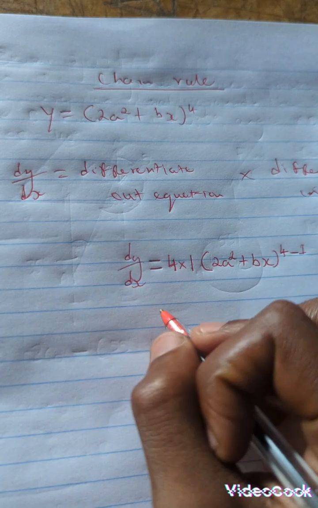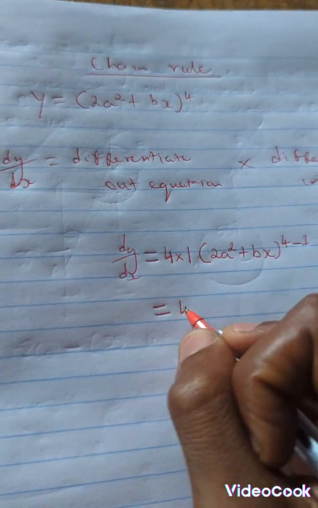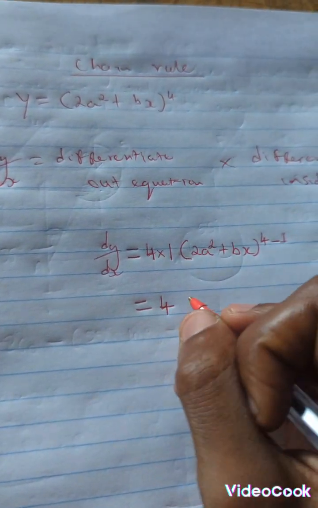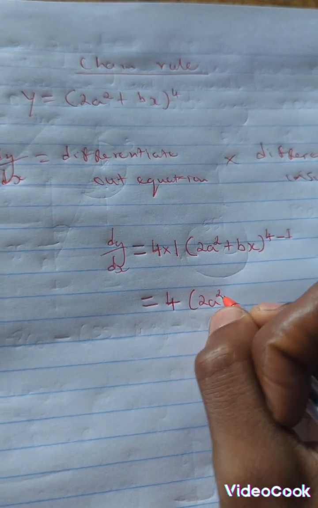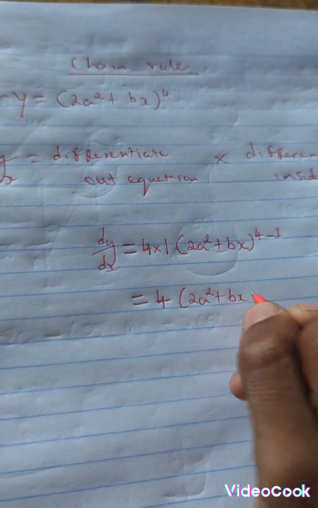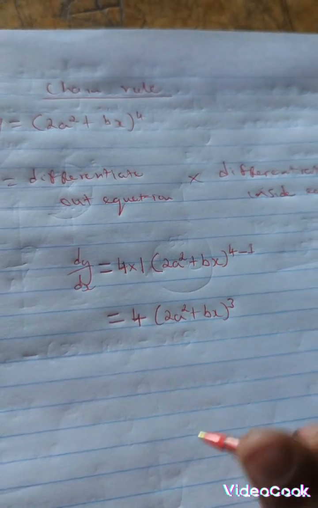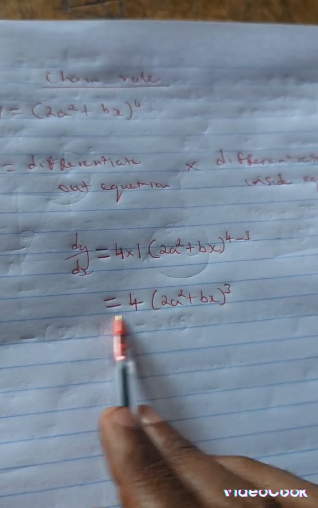Then we're going to get 4 times (2a squared plus bx) to the power 3. This is our outside equation.